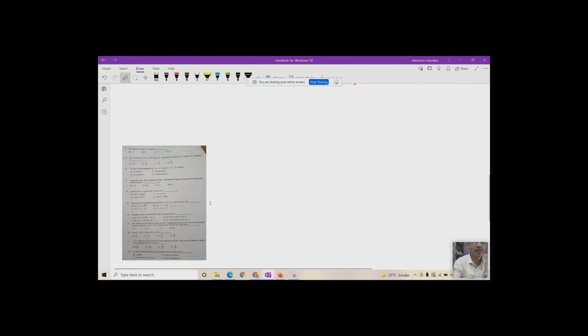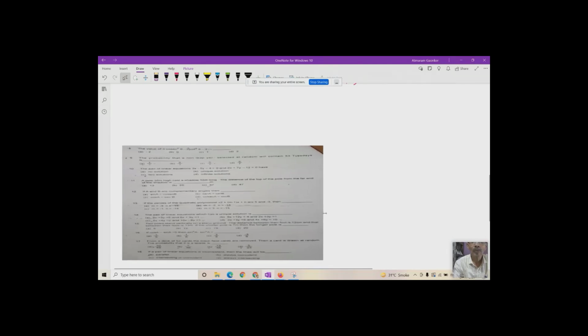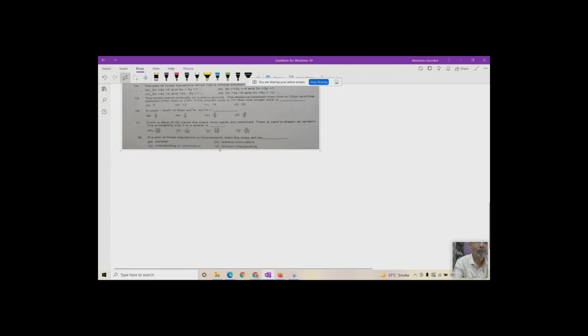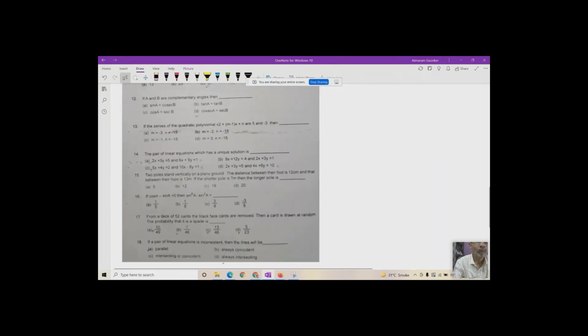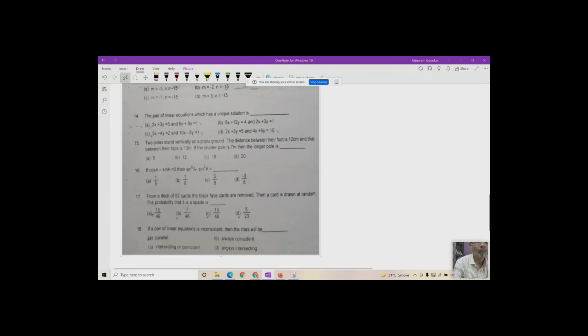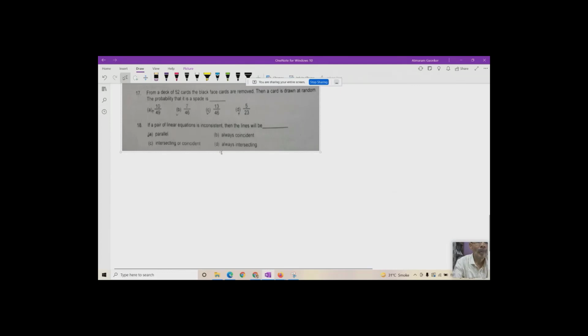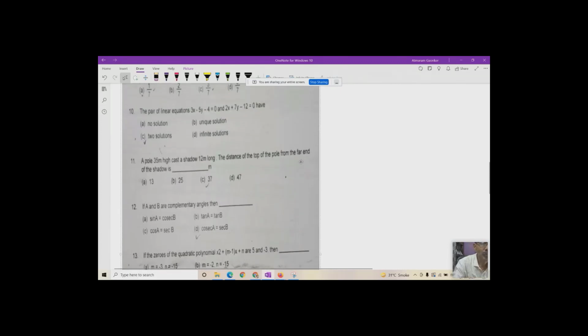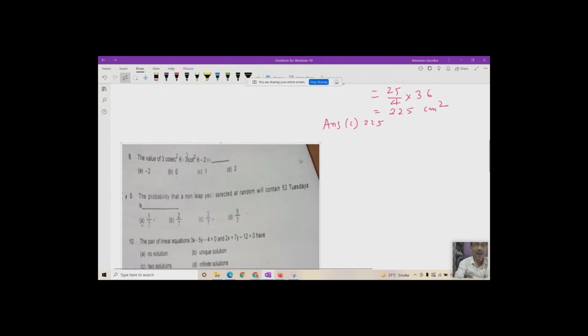Yes, here is my second page. I hope you can see this clearly.